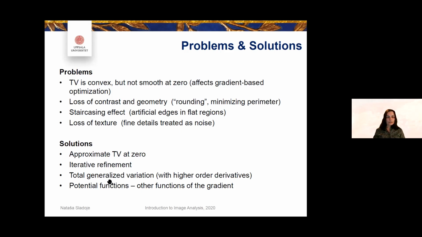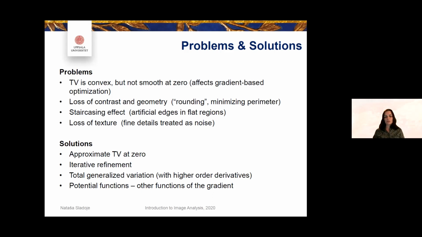We can have some generalized versions where instead of looking only at gradients as first derivatives, we can include higher order derivatives, and by that maybe include some additional sensitivity when we perform regularization, when we impose criteria, what to preserve, what to not preserve.